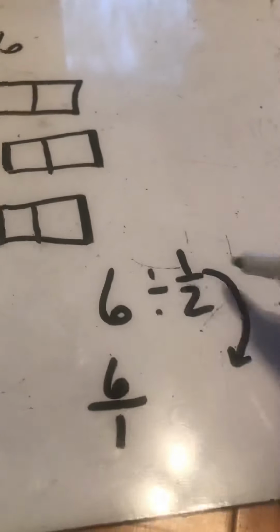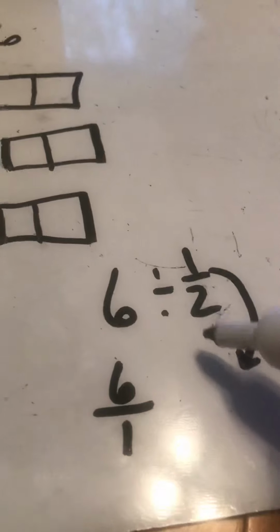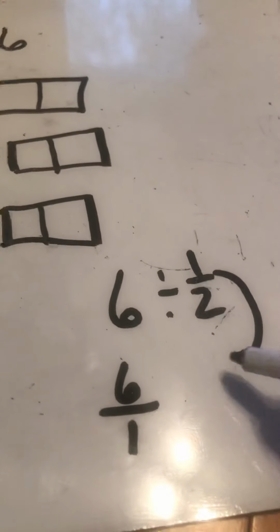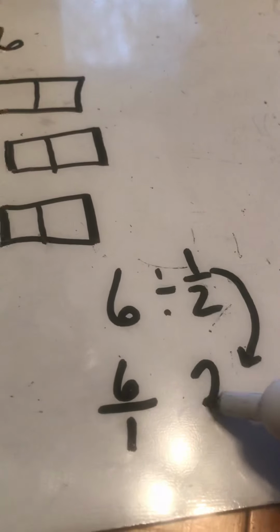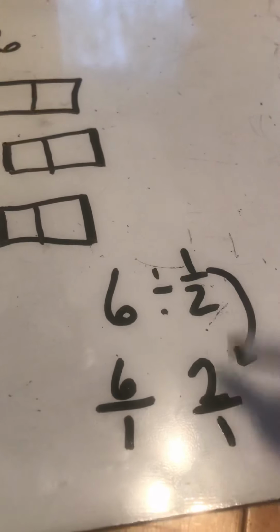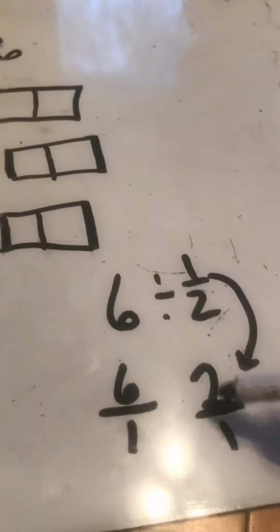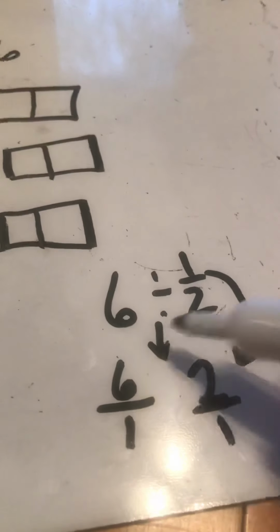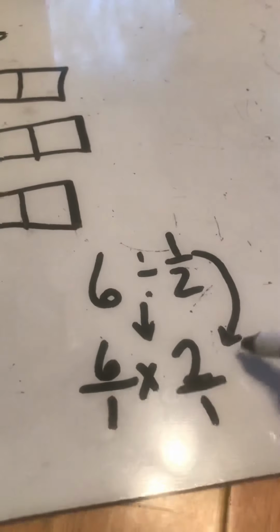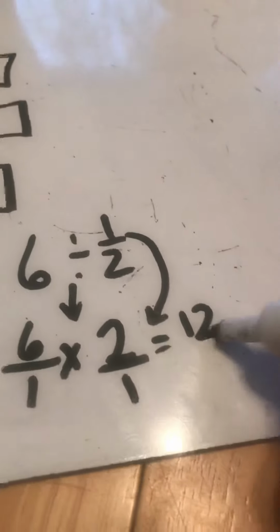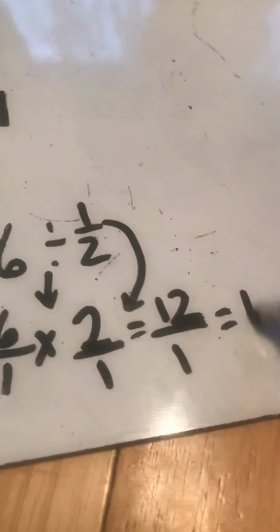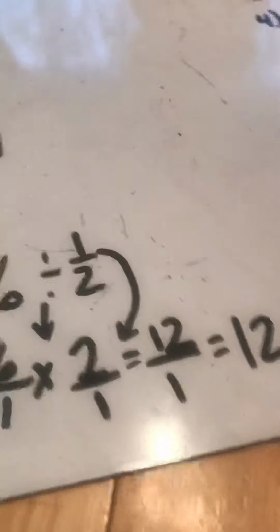It's a true math term: the reciprocal. A reciprocal is a flip. The denominator now becomes my numerator, the numerator becomes my denominator, and the division sign becomes multiplication. So you get 12 over 1, and of course you get 12.